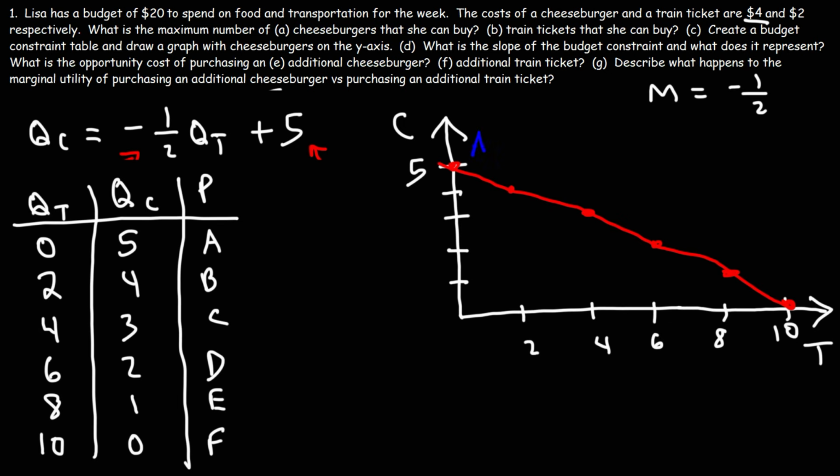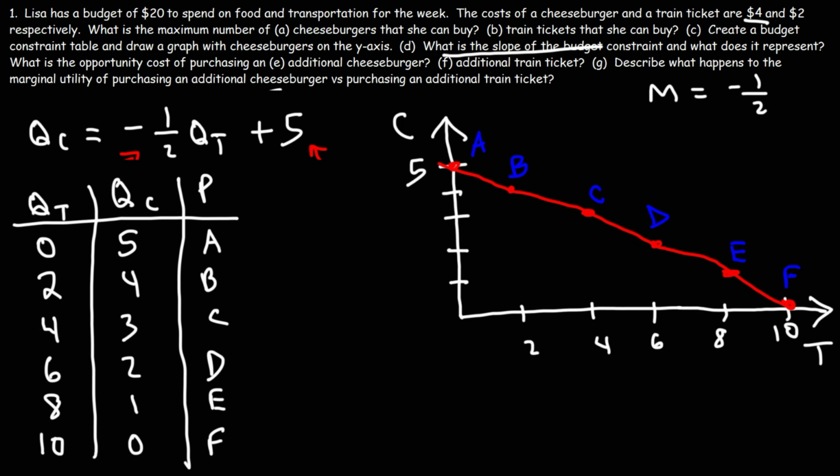So this is point A, B, C, D, E, and F. So now you know how to create a budget constraint table and the graph with all the whole number points on it as well. So now that we're finished with part C, let's move on to part D.